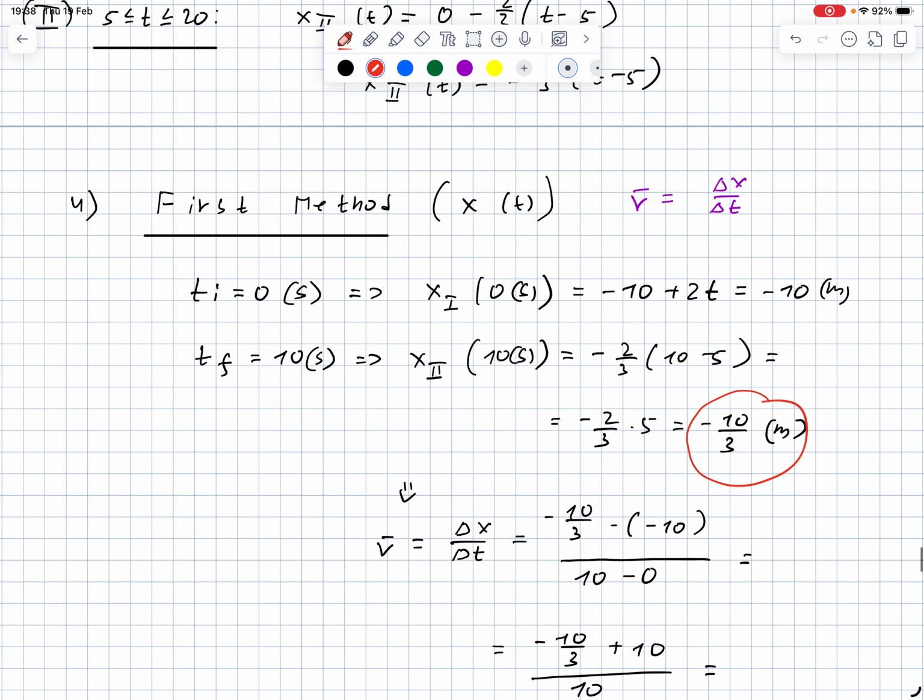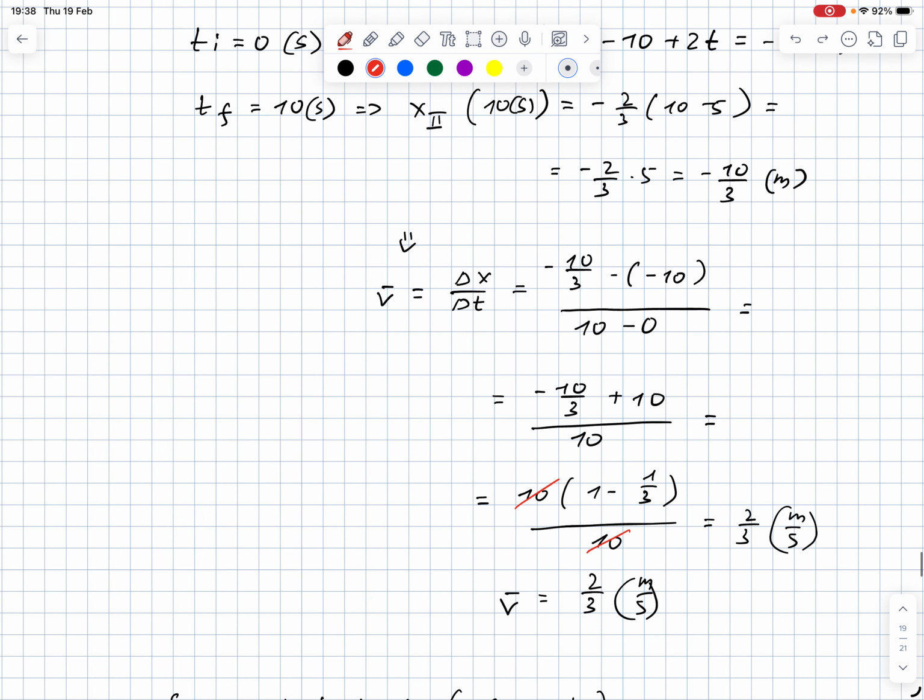Now we can calculate our average velocity: the final position minus the initial position divided by the interval of time, where the final time is 10 seconds and the initial time is 0 seconds. You can go over the mathematical steps, and finally we see that the average velocity is 2/3 meters per second.